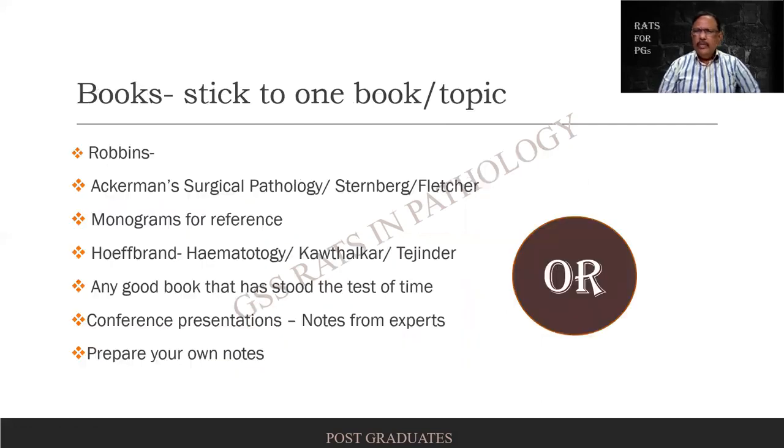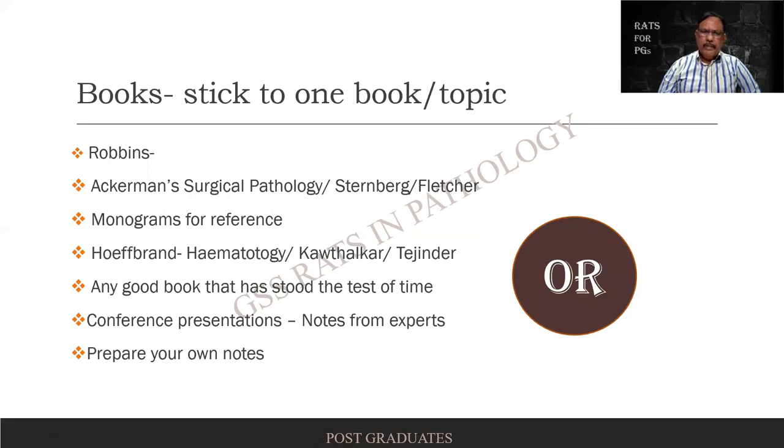And there is a list of books which, again, I emphasize, kindly do not change your book. Robbins is one, Ackerman's Surgical Pathology, or it can be Sternberg or Fletcher, any other book. Monographs you can use only for reference of any specific topic, otherwise not required.